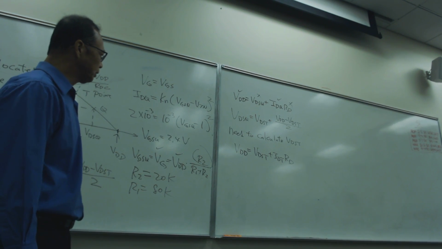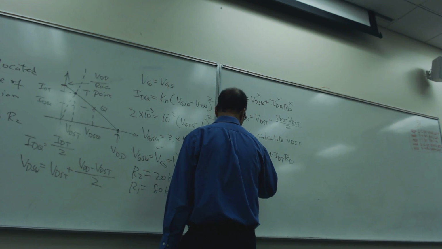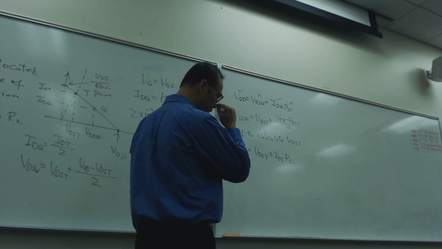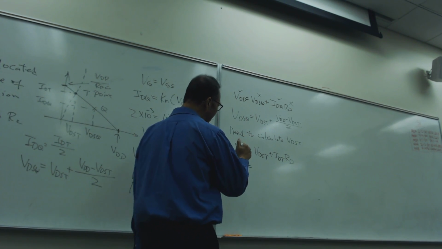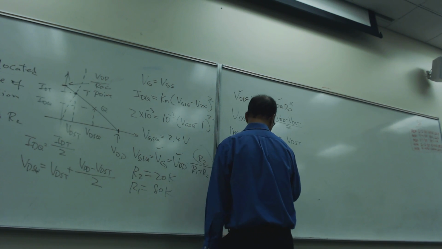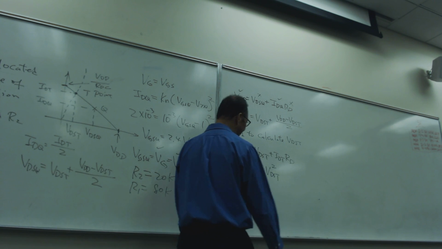What's the second equation? You remember? IDT, because you are at the substitution point, so it's always the saturation, right? So it's Kn VDST squared.